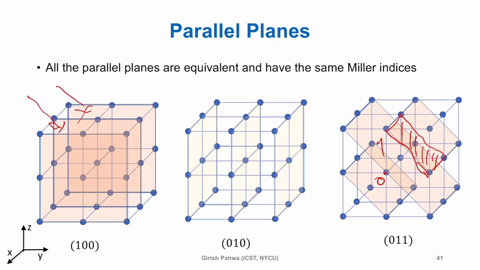Intercept is on this axis and this axis, but not on this axis. That's why 0, 1, 1. Infinity, A, A, so that will become 0, 1, 1. Got it? Similarly, this family of planes, you represent them by the round bracket. So when I put 0, 1, 1 with a round bracket, it means the whole family of planes I'm talking about.